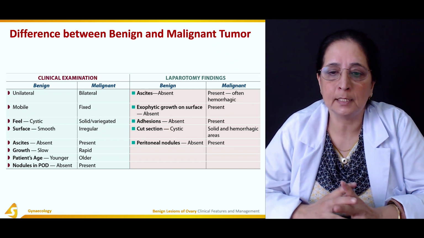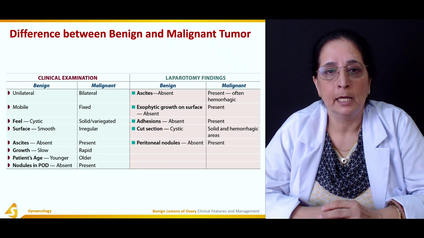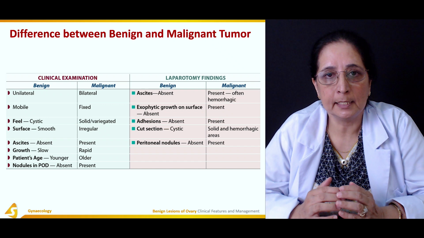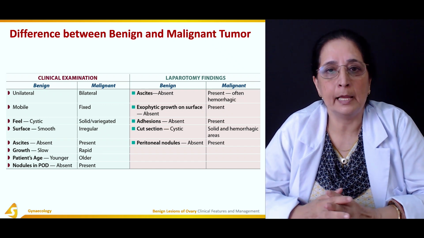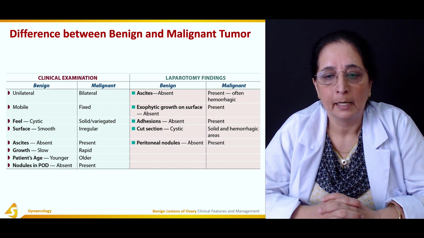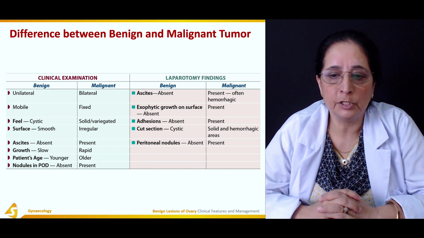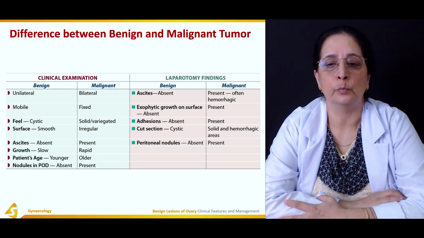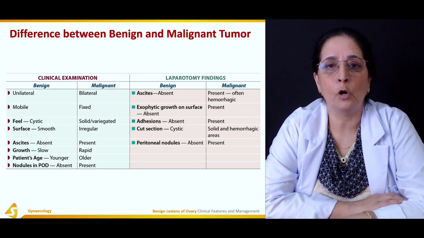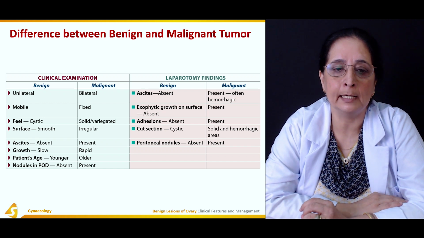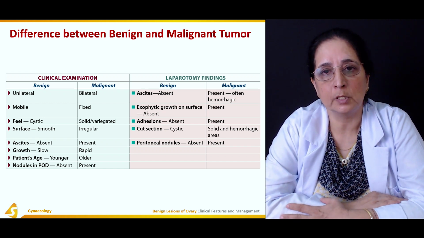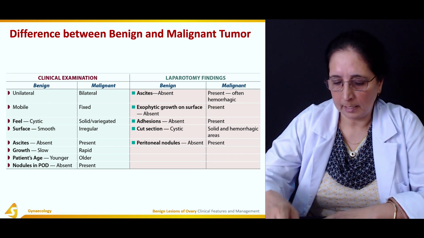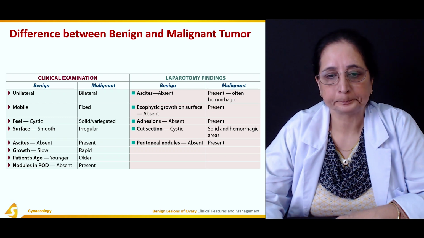Adhesions are absent in benign, present in malignancy. Cut section of a benign tumor is cystic, and solid and hemorrhagic in malignant. And peritoneal nodules are present in malignant and absent in the benign tumors. So these are some common differences between benign and malignant tumors of the ovary, on clinical examination and on laparotomy findings.